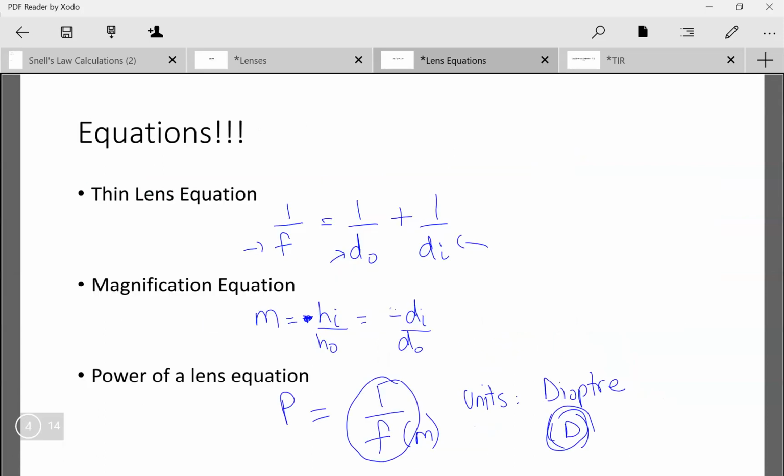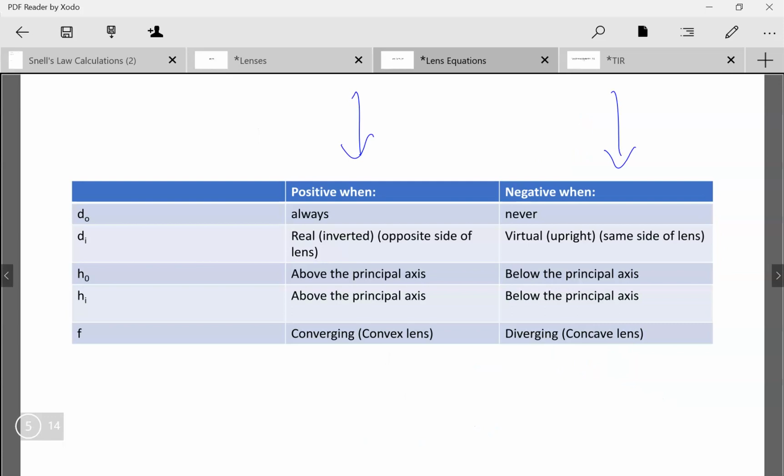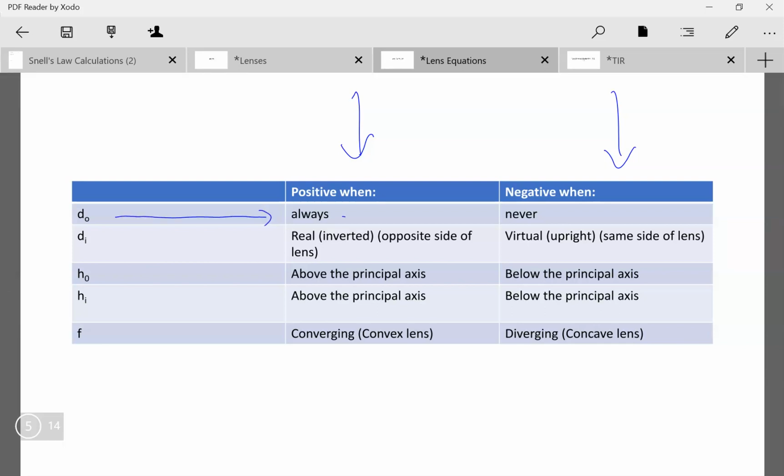So I have to be able to tell, and so I use sign conventions. So again, DO is always positive, so the distance of object is never negative. So always positive, never negative, right?